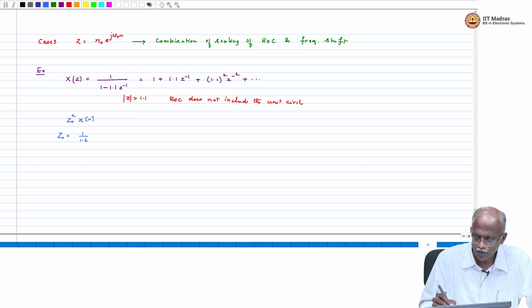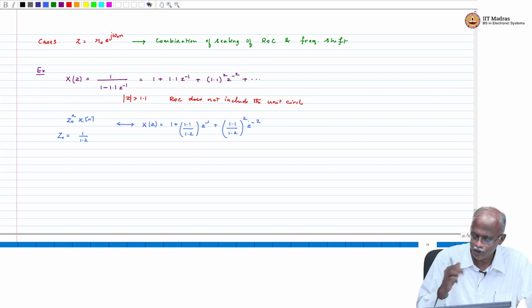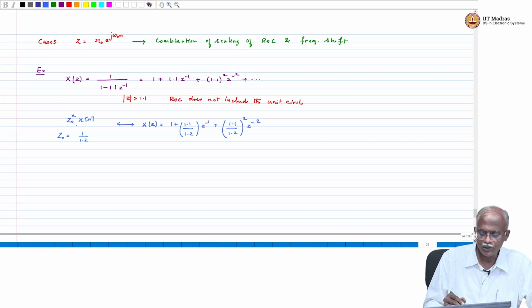Now if you compute x of z, this will be equal to 1 plus 1.1 divided by 1.2 z inverse plus 1.1 divided by 1.2 whole squared z power minus 2 and so on.